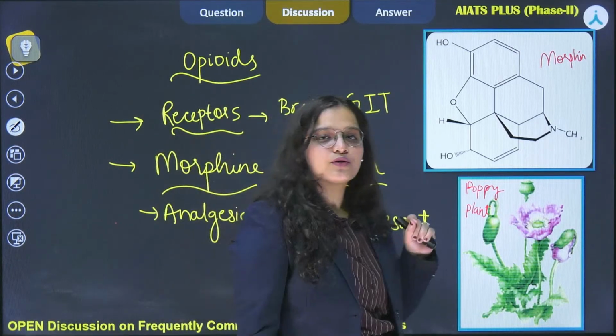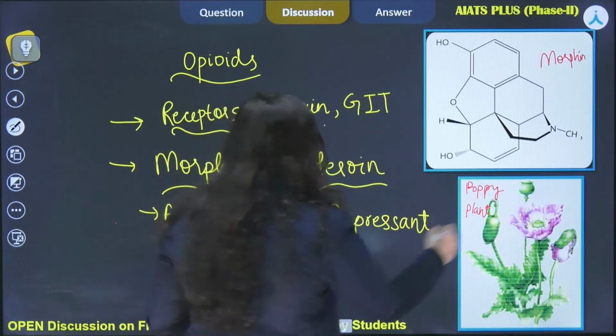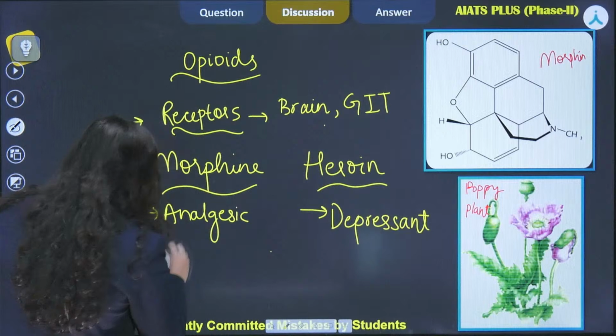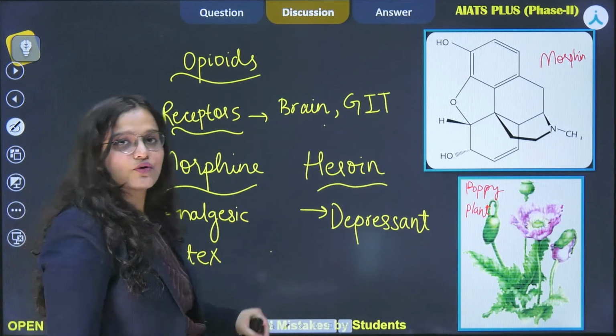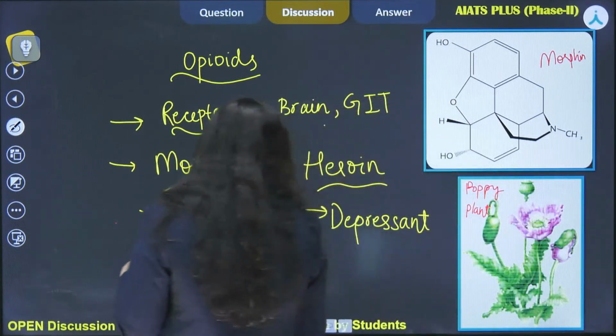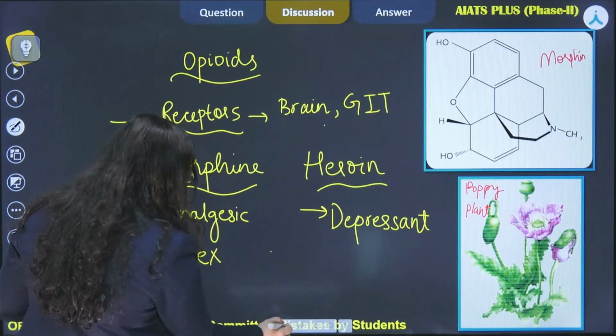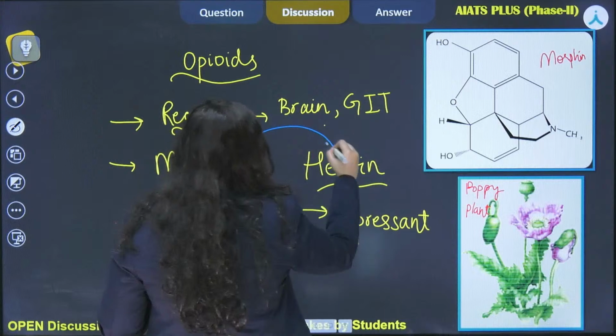So morphine is obtained from the latex of the poppy plant, which is also known as Papaver somniferum, and heroin is formed from the diacetylation of morphine itself.